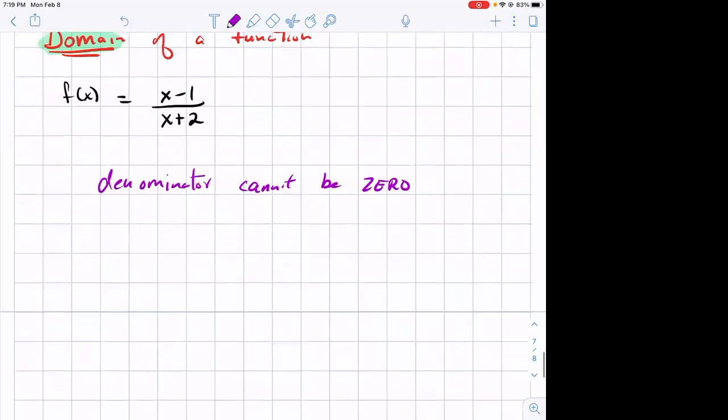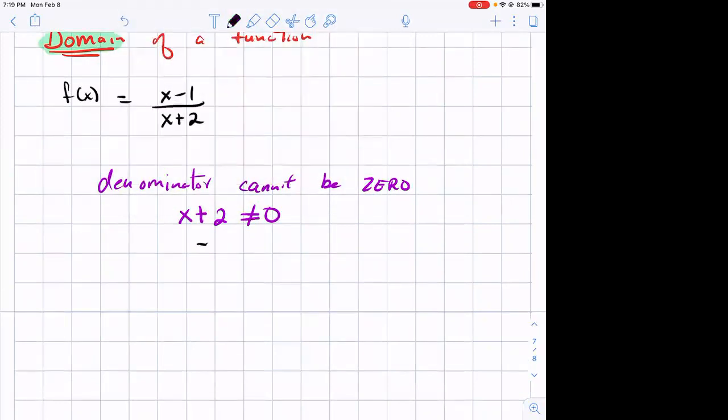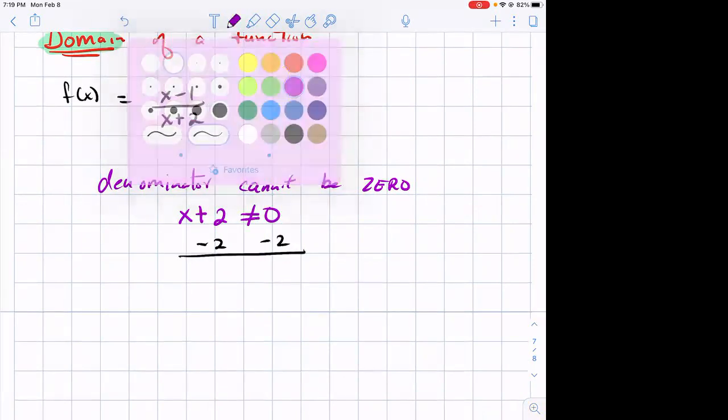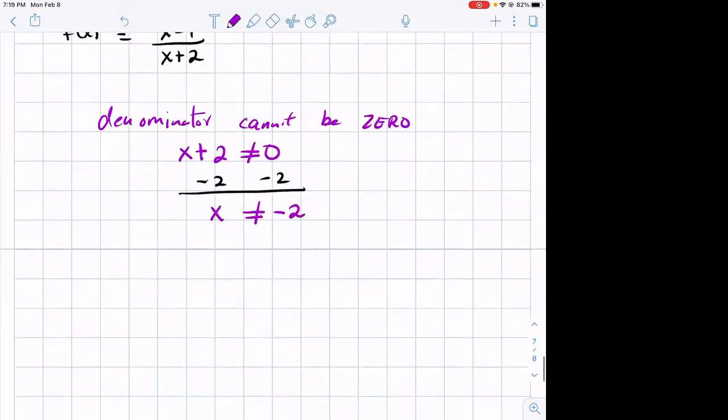So that means that x plus 2 cannot be equal to 0. And what x value will make this happen? Well, if we subtract 2 on both sides, we will see that x cannot be equal to negative 2. And clearly you will see this is true.